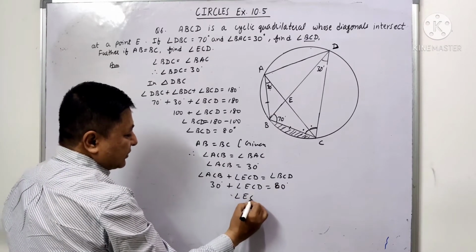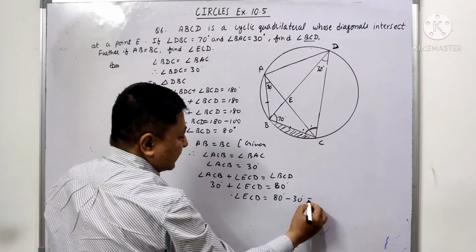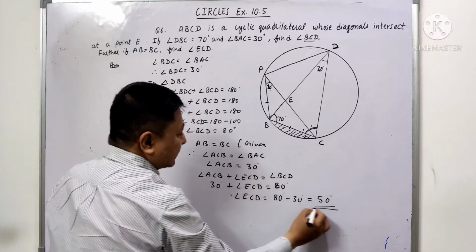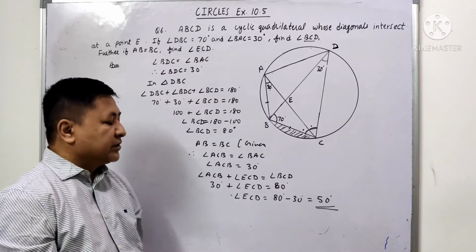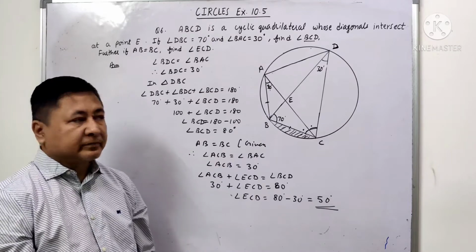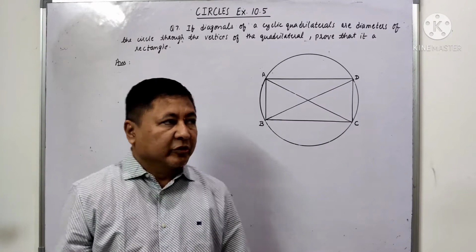So angle ECD is equal to 80 minus 30 degrees, and that is equal to 50 degrees. So we have calculated angle BCD, that is 80 degrees, and angle ECD, that is 50 degrees.